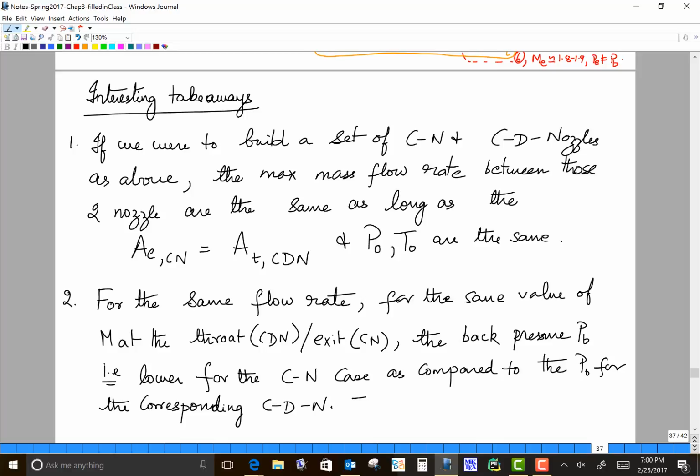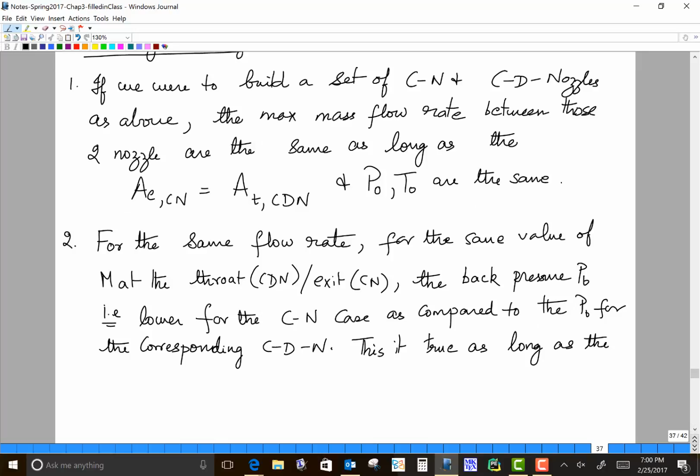This is true as long as the maximum nozzle flow Mach number is 1, that is, as long as the flow does not become supersonic.